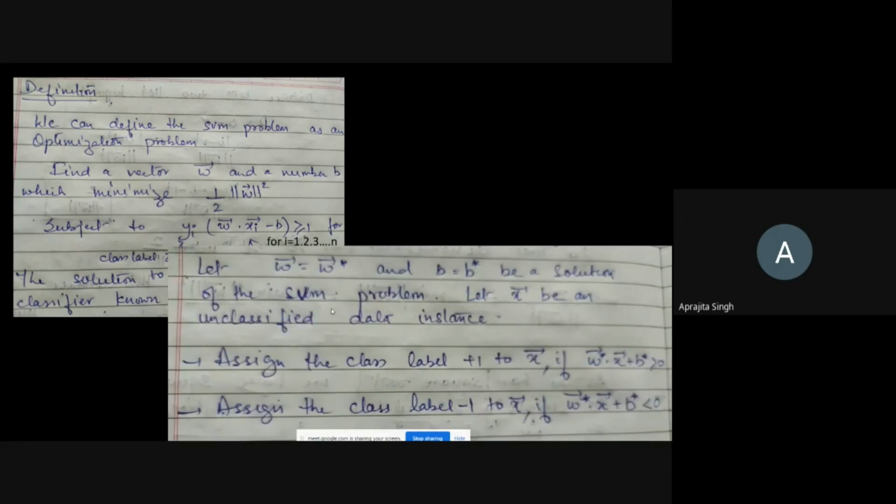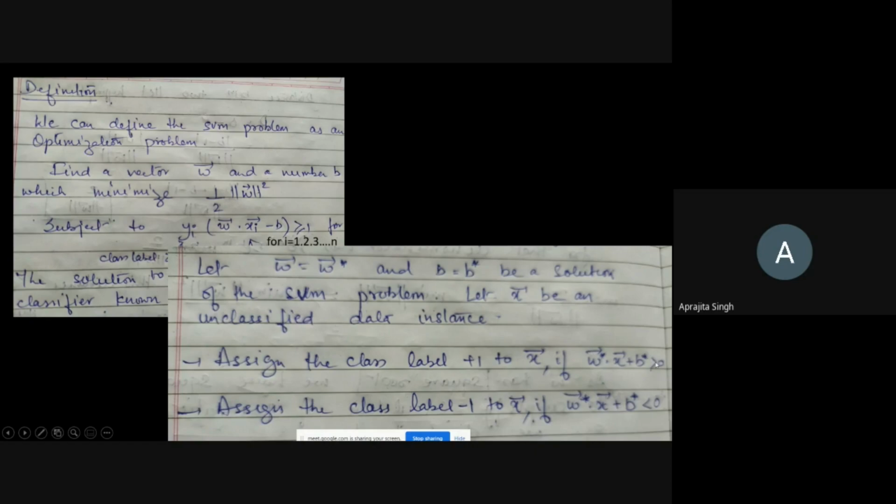So what is the idea? We are just going to minimize this particular expression of ours. Suppose for a solution that you're finding, you got omega as omega star and b as b star. So you will just assign it to this particular expression of yours.